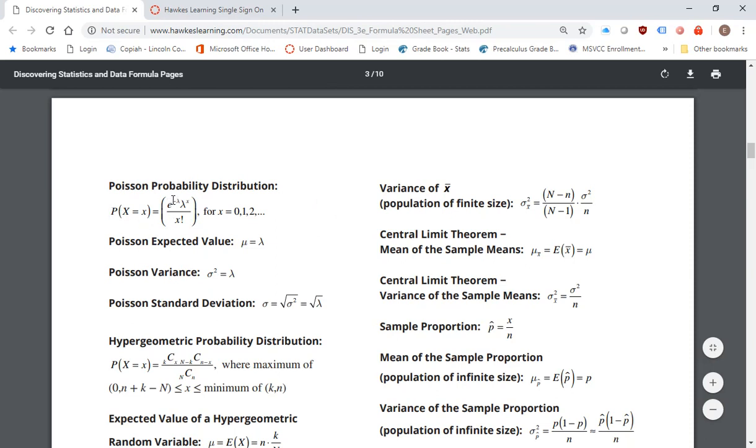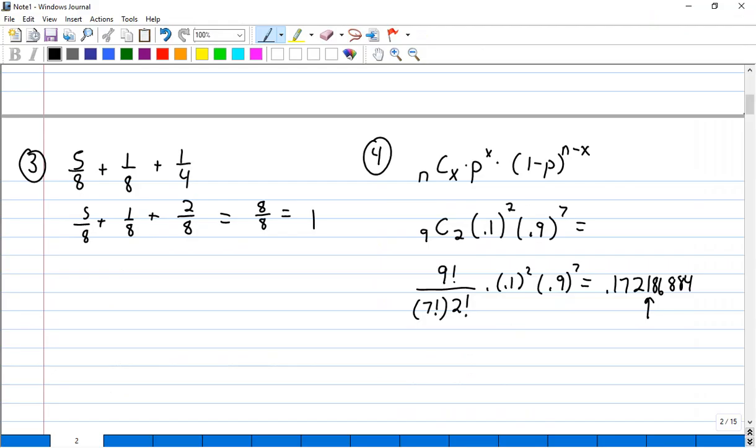We need e to the negative lambda times lambda to the x divided by x factorial. It's important we use the correct formula, especially on one like this. So probability is going to be equal to e to the negative lambda times lambda to the x divided by x factorial.